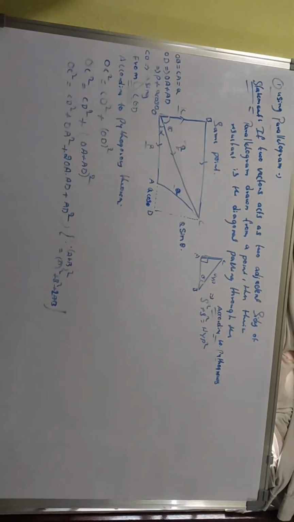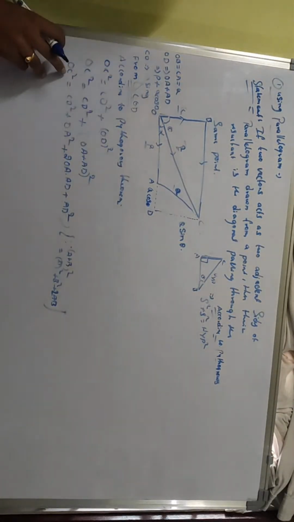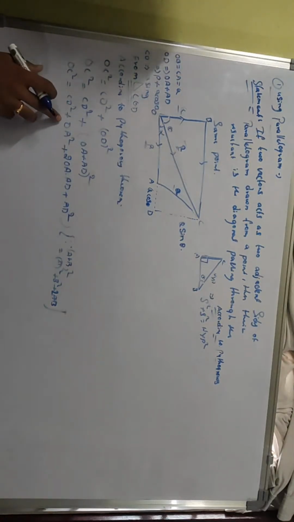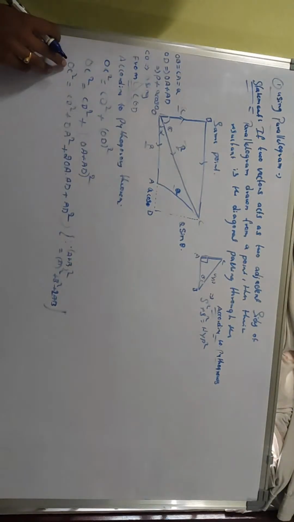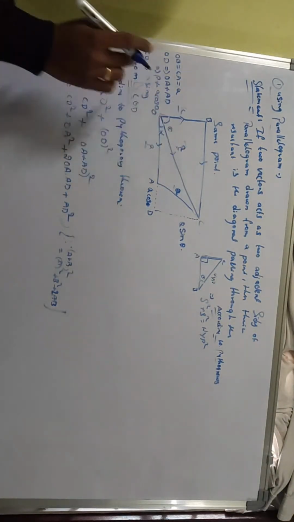So when we observe this, OC square is equal to CD square plus OA square, and we have the value of OC square, which is R square.